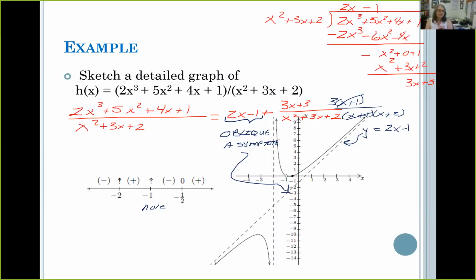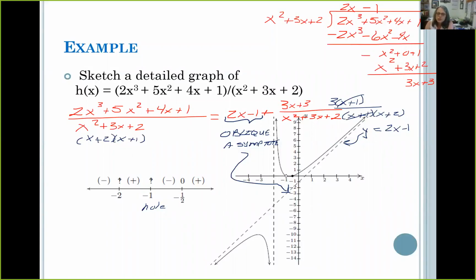It's a bit more complicated than that. If you go into calculus, you'll deal with it there. The important thing for this is that we've got a vertical asymptote at x = -2, because this denominator factors as (x + 2) times (x + 1).